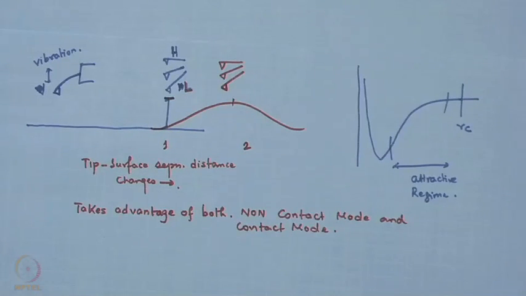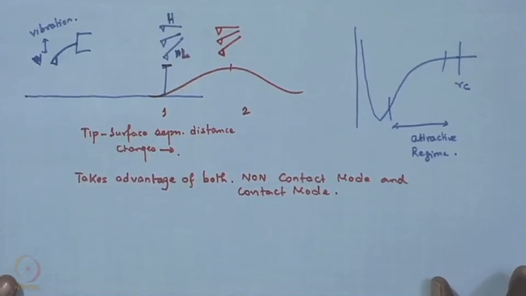The biggest advantage of contact mode is good quality image, better resolution, but non-contact mode also has its own advantage, and that advantage is that the chances of sample damage are negligible, because the tip never comes in contact with the sample.